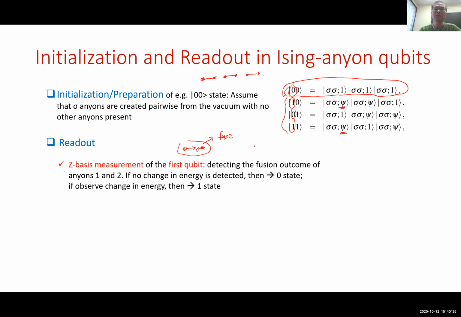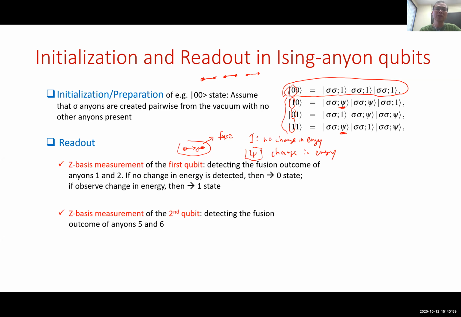Okay, so identity is still vacuum, so no change in energy. Okay, if you observe that there's a change in energy because the fermion should have higher energy, then you know I got a logical 1. Okay.